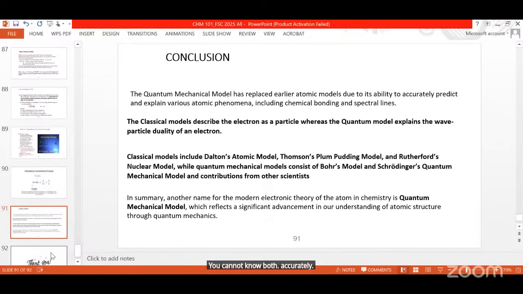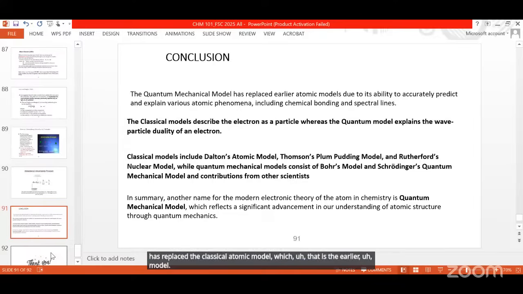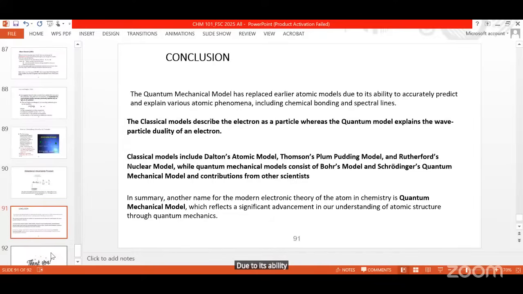Now, in summary, I said here that the quantum mechanical model has replaced the classical atomic model, which is the earlier model, due to its ability to predict and explain atomic phenomena, including chemical bonding and the spectral lines.